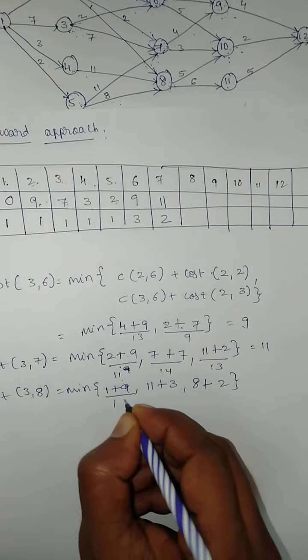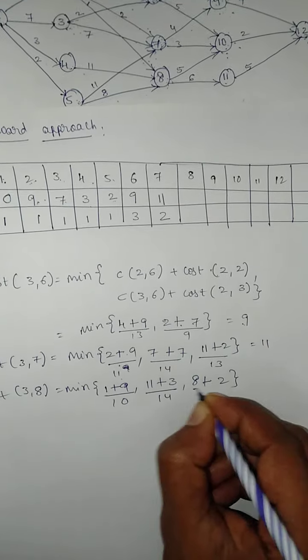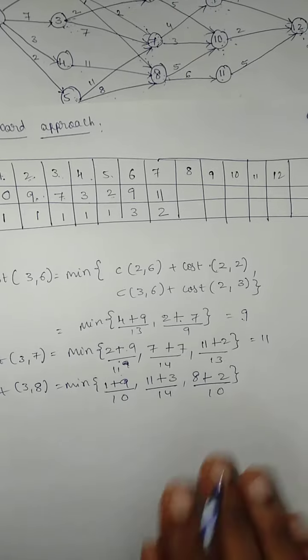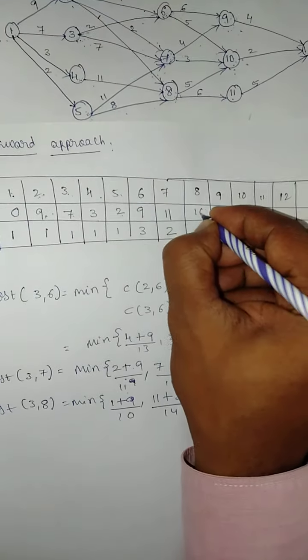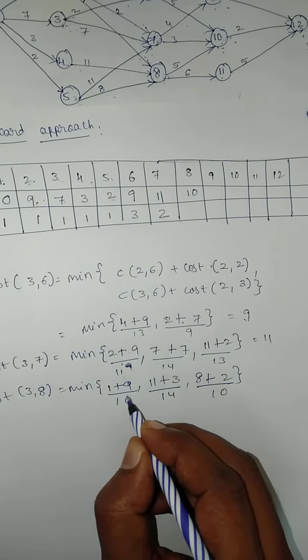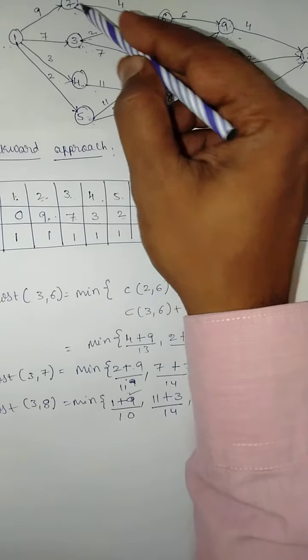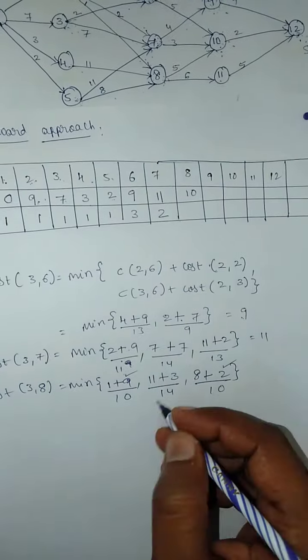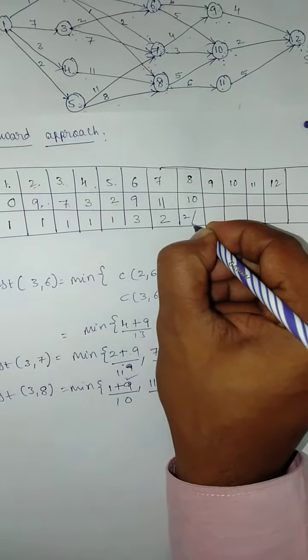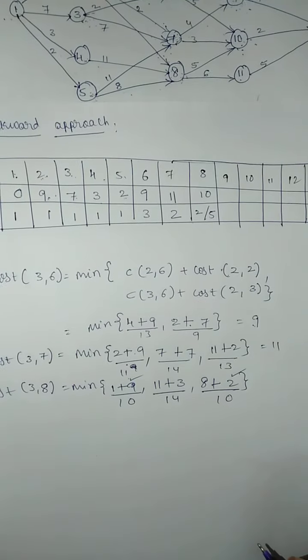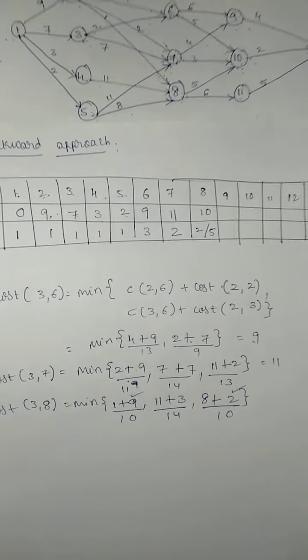So this is 10, this is 14, this is 10. So we have the minimum value 10. And which vertex has given it? This vertex and this vertex, I mean vertex 2 and vertex 5. You can choose either of them. So vertex 2 or 5, both are okay.